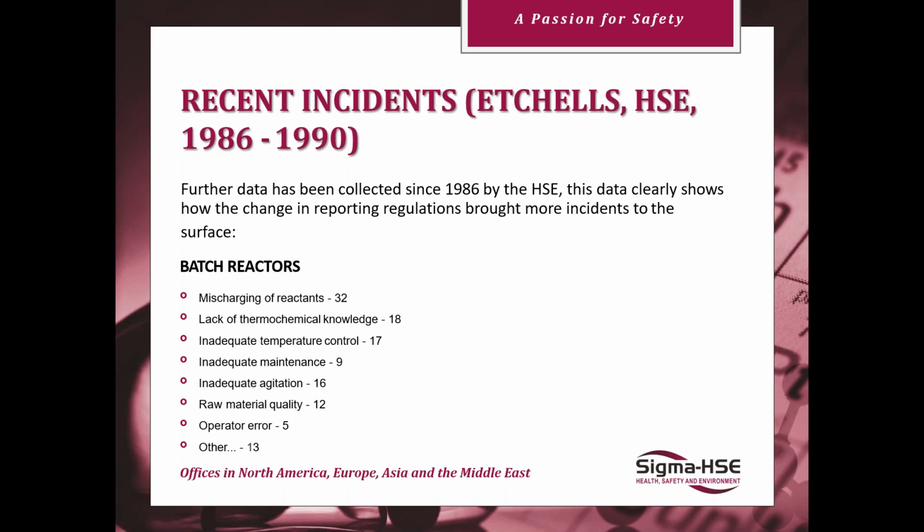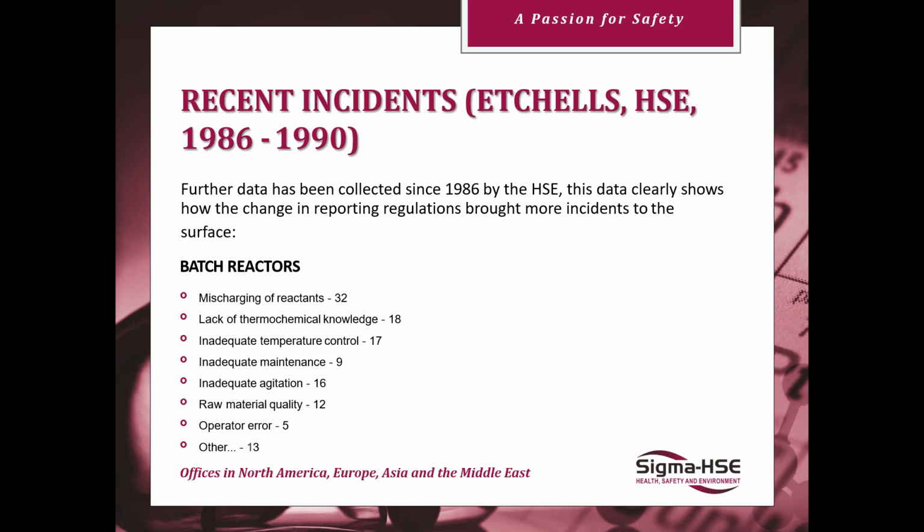There's another survey also with the HSE, so this is a little dated now, but this kind of shows the key causes for these kind of incidents just from UK industry. So the mischarging of reactants there. We might have a system, especially with batch reactors, where we've got a tank of our main reagent and we've got a minority reagent that we may dose in small quantities.